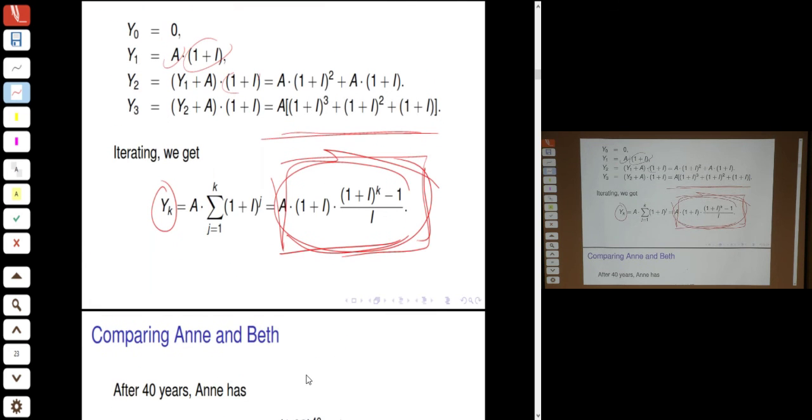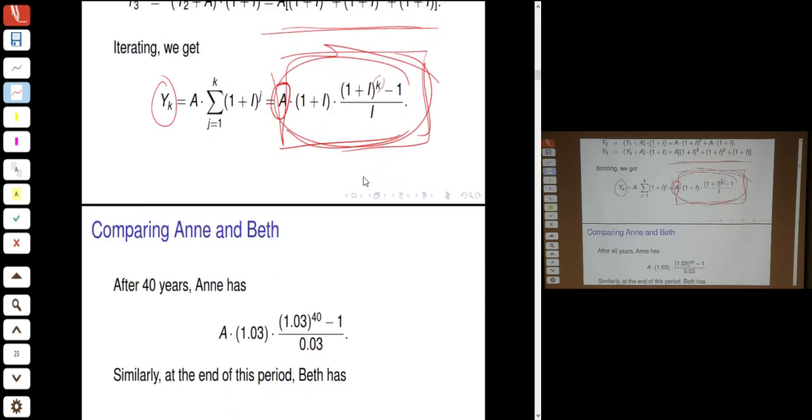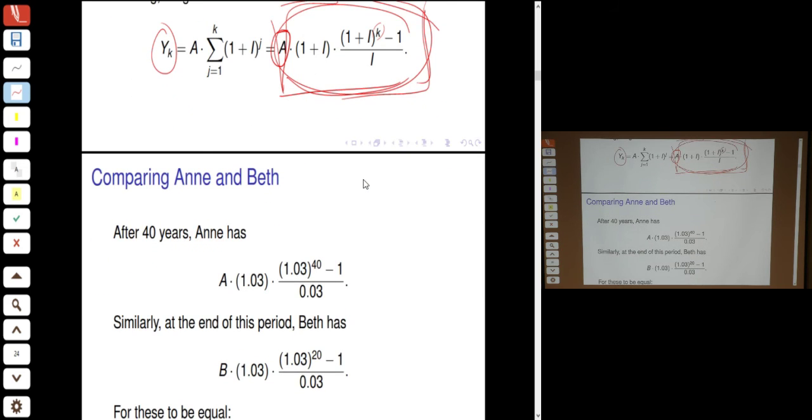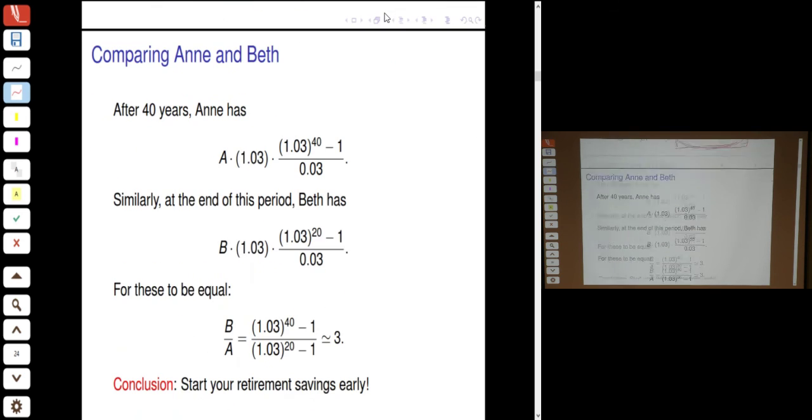So this is for savings of $A per year for k years. Now we will calculate the total savings for Ann and Beth by slotting in two different values A and B, and two different values of k, the number of years: k equal to 40 for Ann, and k equal to 20 for Beth.